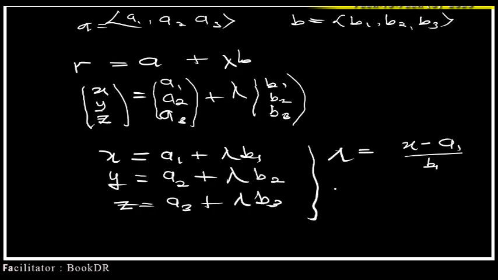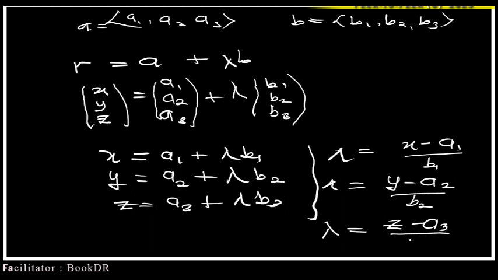The second one becomes lambda is equal to y minus a2 over b2. And the last expression, lambda will be equal to z minus a3 over b3.